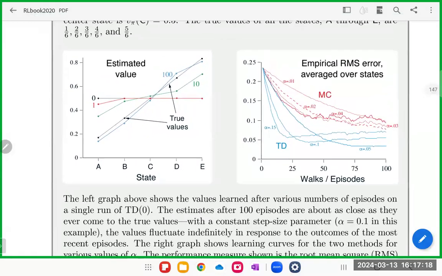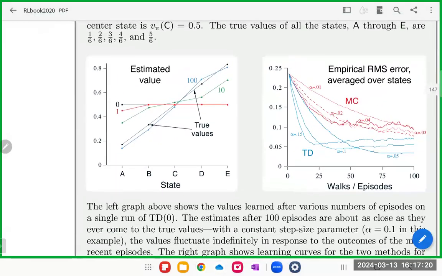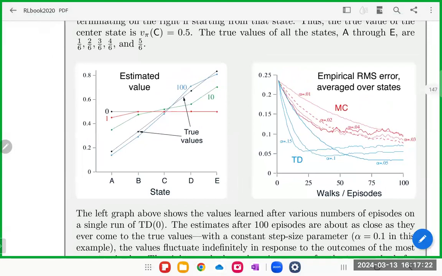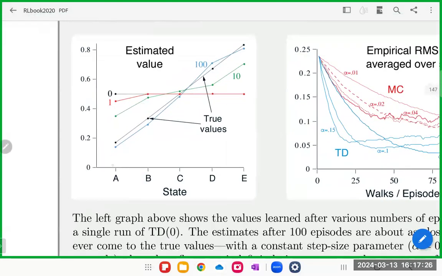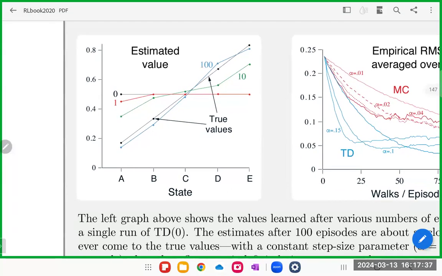This left graph is for the TD method which they are showing. As I said, in the x-axis they are plotting the states, and the y-axis is the value of that state, and the black line, which is a linear line, is the true values.